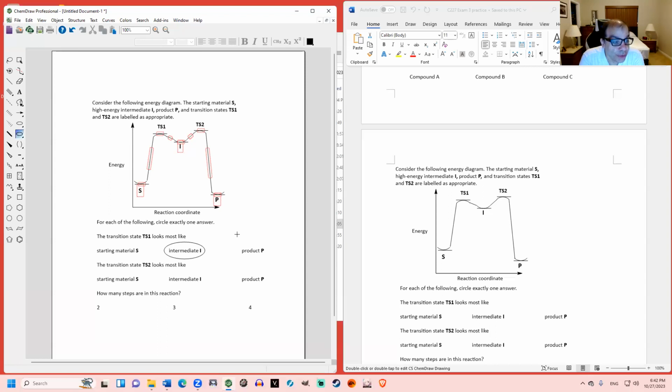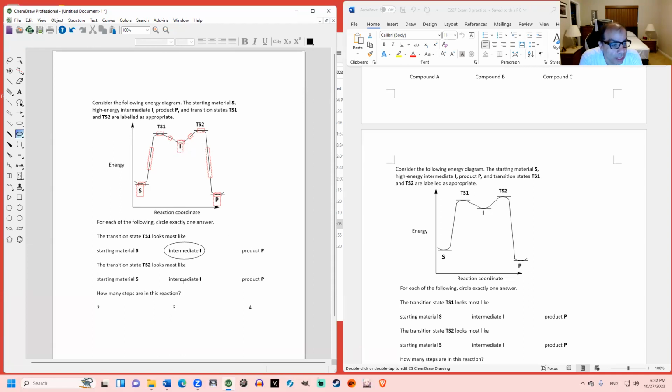And then it says transition state 2 looks most like which of those? TS2 is up here. It's between the intermediate and the product. Hammond's postulate says that whichever species that one is closer to is going to be the one it looks more like. So transition state 2 is closer to the intermediate than to the product.